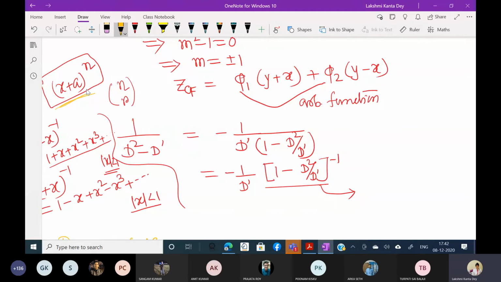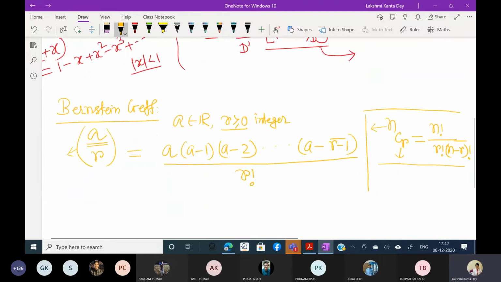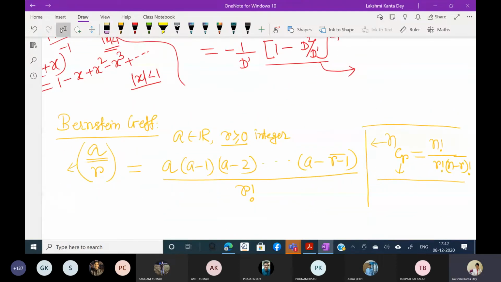That is why it has infinitely many terms, because infinitely many binomial coefficients are coming non-zero. So if you can recall this one, then you can recall whatever expansions are there.